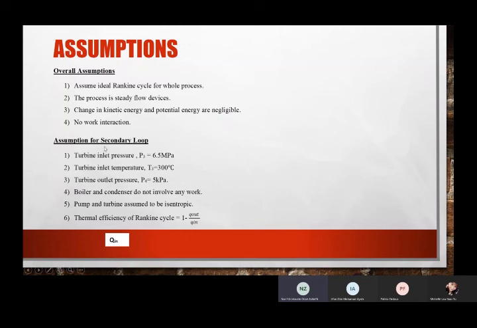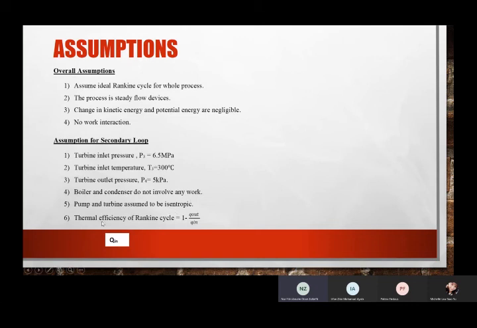For the secondary loop, we assume the turbine inlet pressure P3 equals 6.5 megapascal, while the turbine inlet temperature T3 equals 300 degrees Celsius. The turbine outlet pressure P4 equals 5 kilopascal. The boiler and condenser will not have any work, while the pump and turbine are assumed to be isentropic.